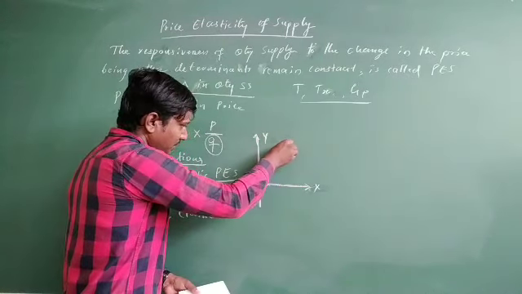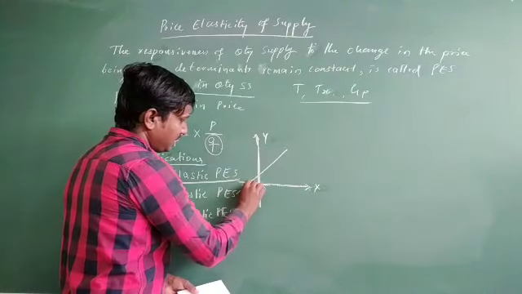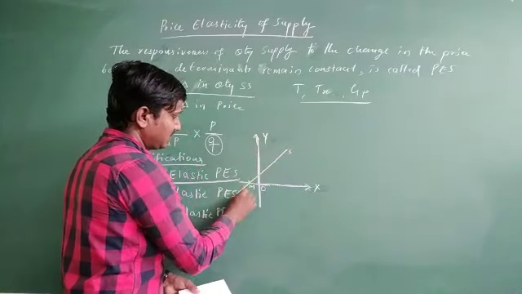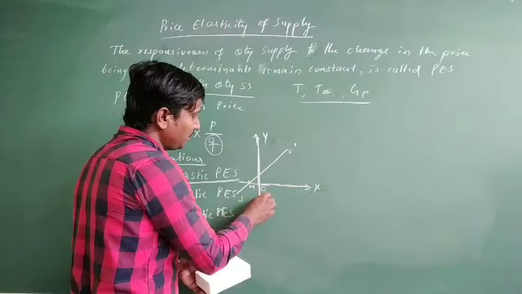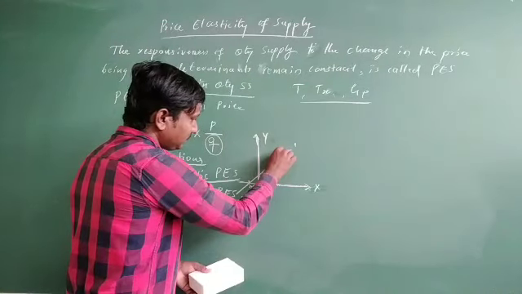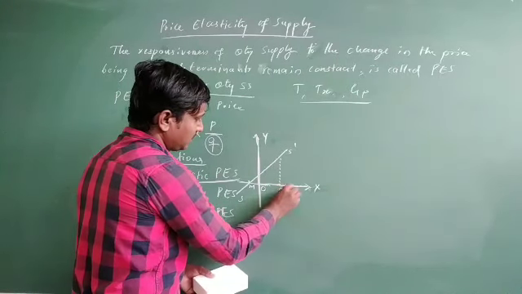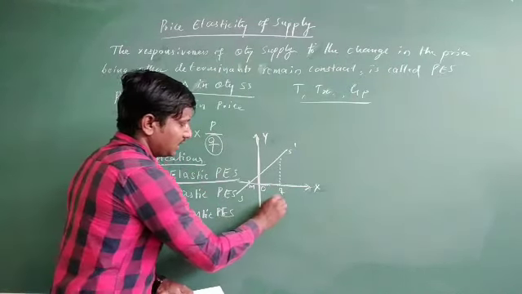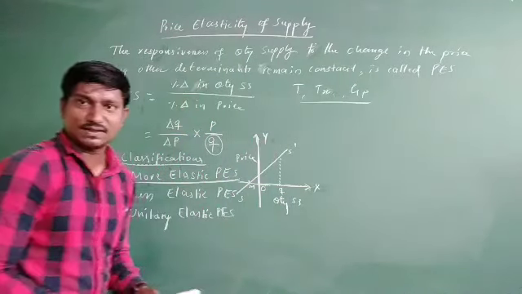I am going to draw this point, you can take M, this is SS dash. Now you can take this as Q. Here quantity supply, here it is price.